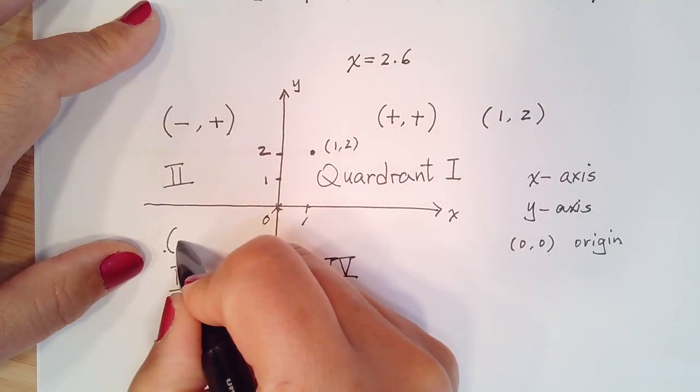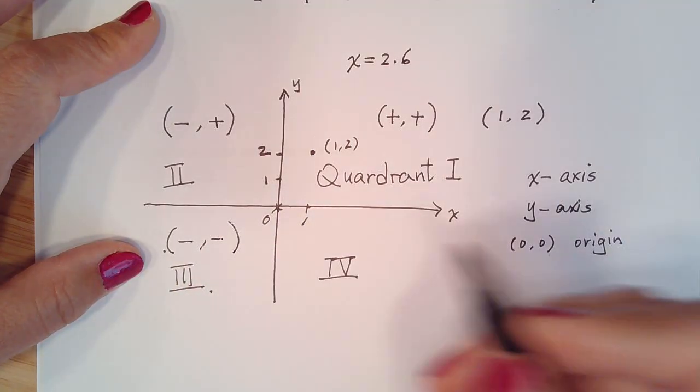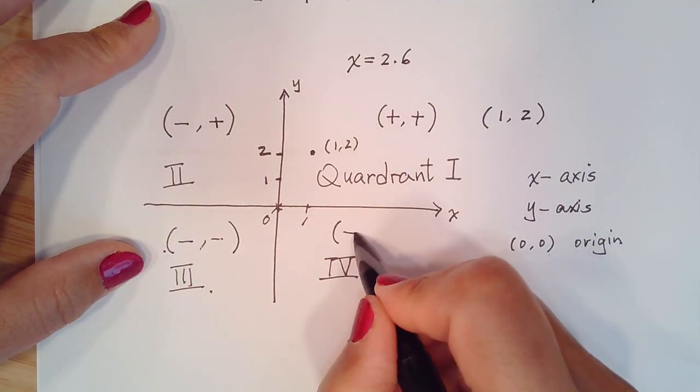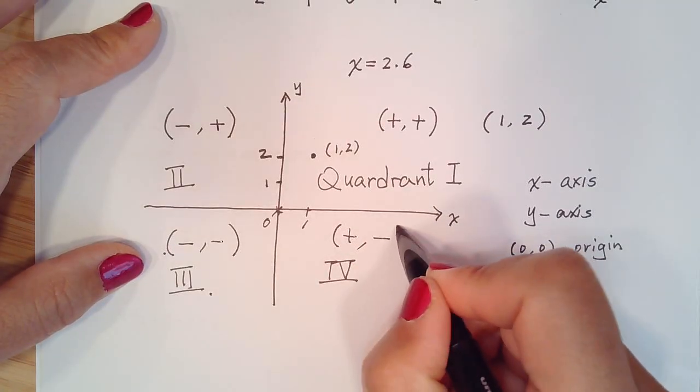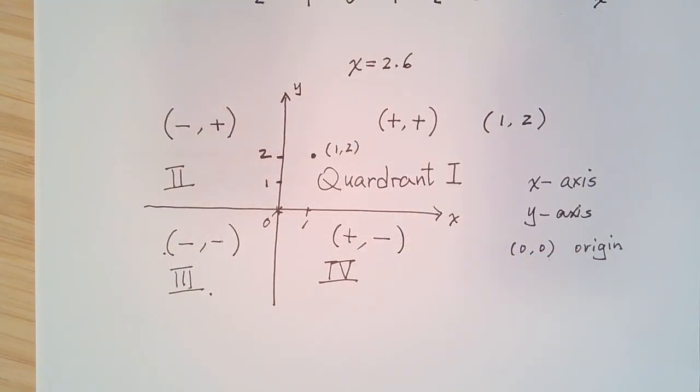So this is negative and negative. Very similar. Just by looking at the signs of the paired number, you can see which quadrant that point should be in. If you're confused, you can pause here and go back and review this part again.